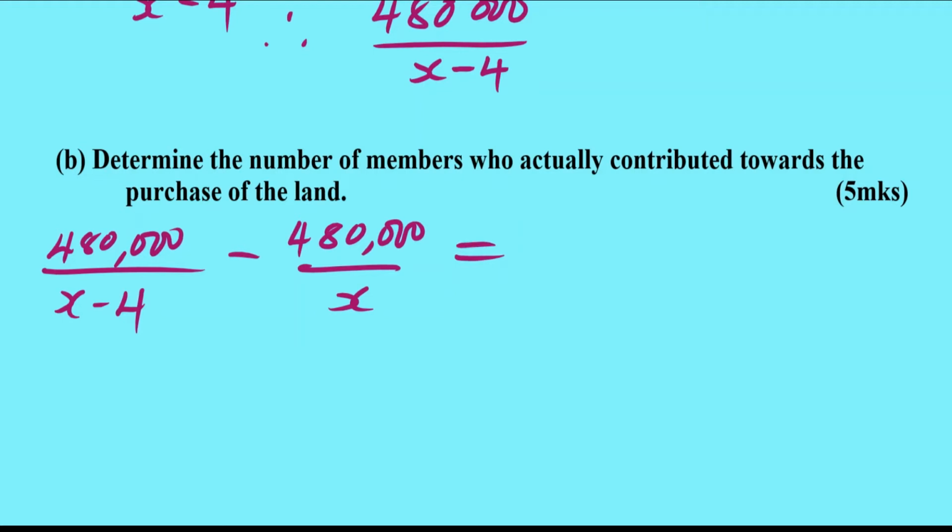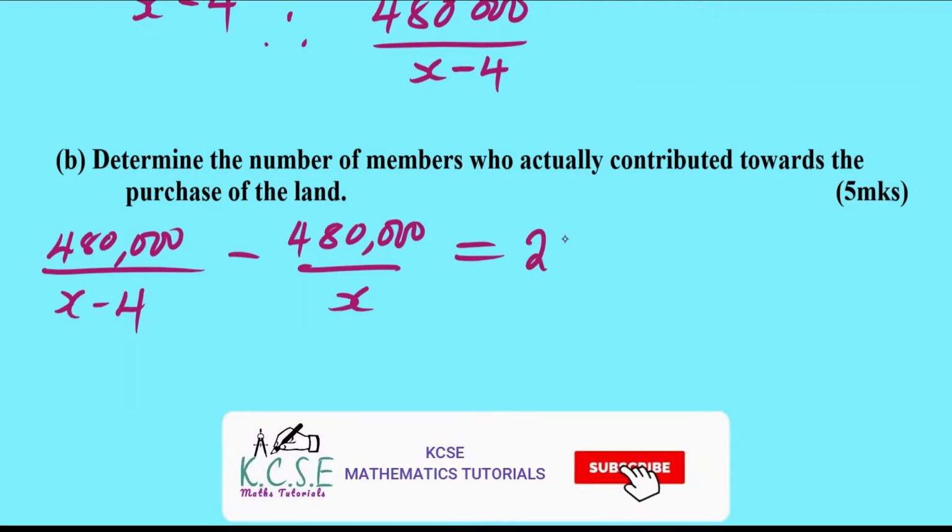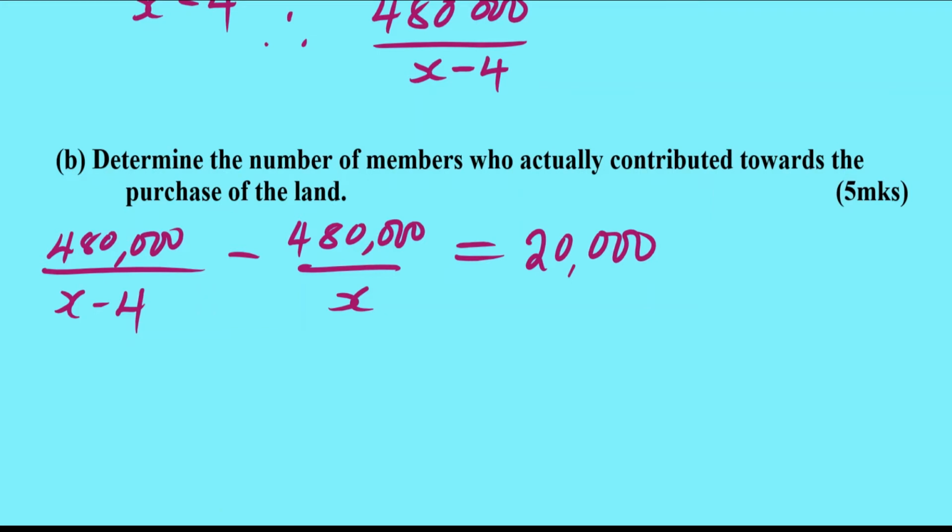The reason is because the rest of the members who were left after 4 pulled out of the group had to pay more. Each of them had to pay more, and this is the contribution by each after 4 left. This is the original. So this expression should give 20,000 shillings.